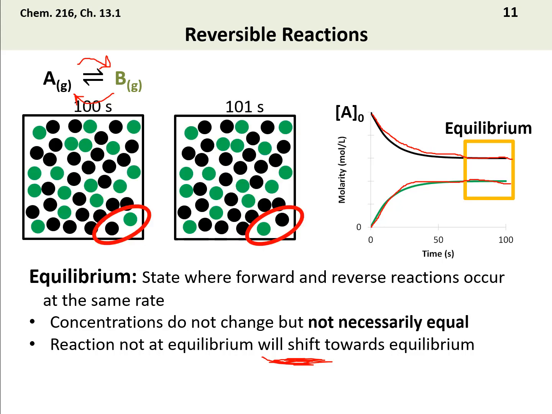All right, one thing is, let's say at 100 seconds, we're at equilibrium, concentrations are not changing. But both of these reactions keep on occurring, right? This black compound A could turn into compound B, and this compound B can turn into compound A, right?